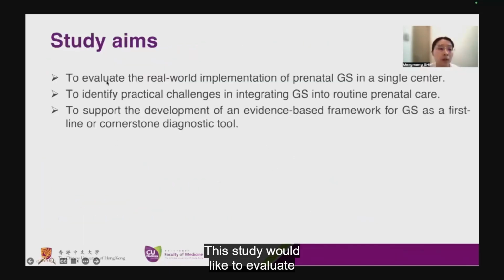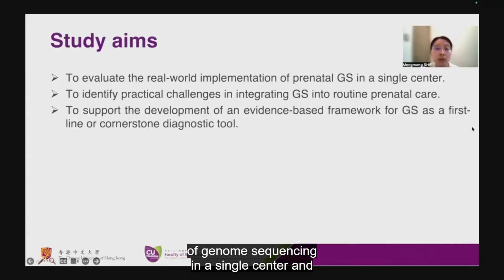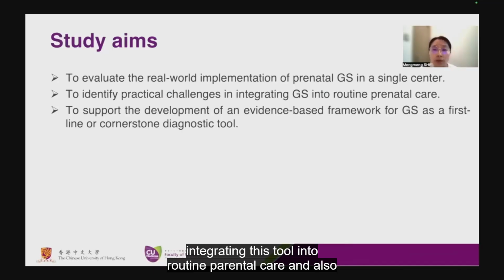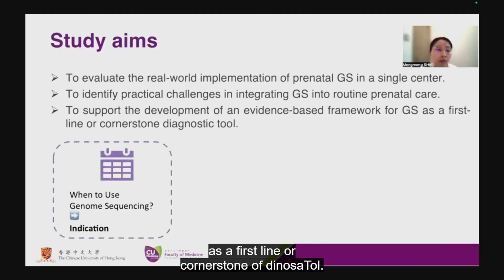So this study would like to evaluate the real-world implementation of genome sequencing at a single center and to identify the practical challenges in integrating this tool into routine prenatal care, and also support the development of an evidence-based framework for this test as a first-line or cornerstone diagnostic tool.